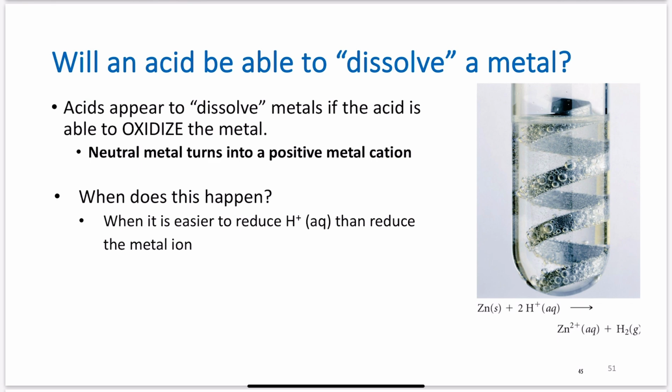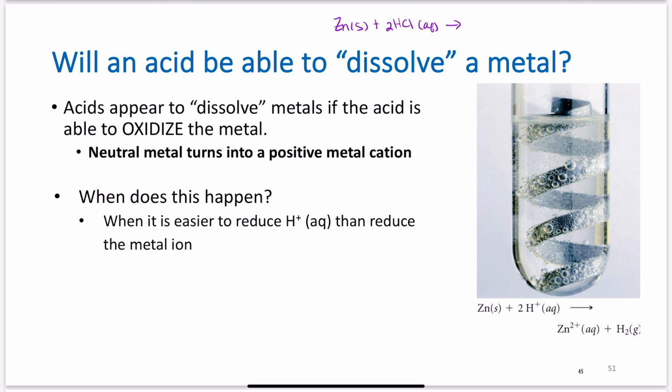For example, I could put this into hydrochloric acid, and this would be the reaction of zinc metal plus HCl, giving me zinc 2+ and H2 gas. And then I balance it. Of course, I'm so used to doing net ionic equations here.